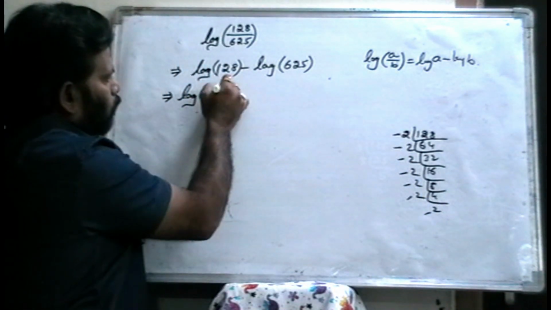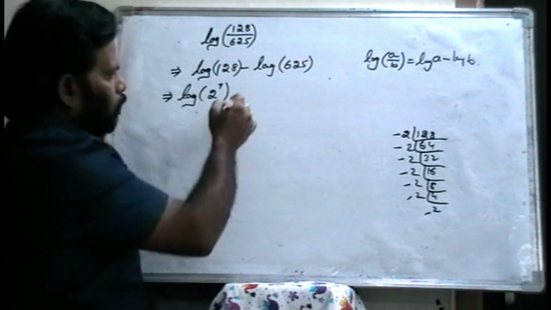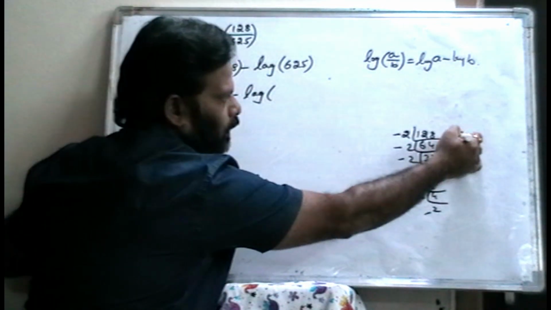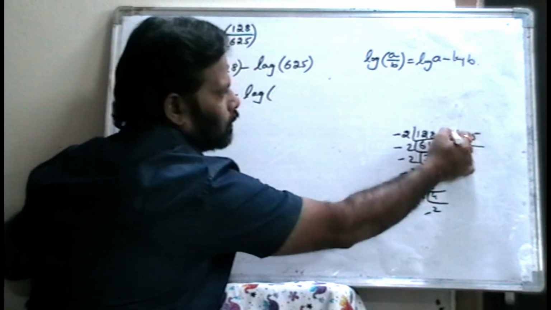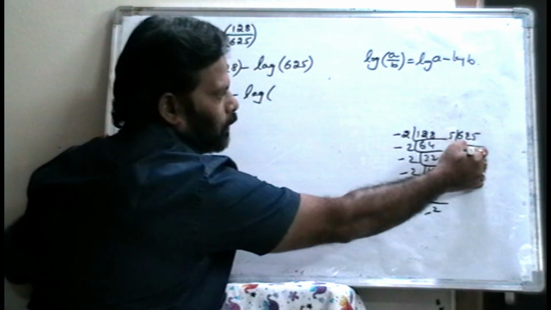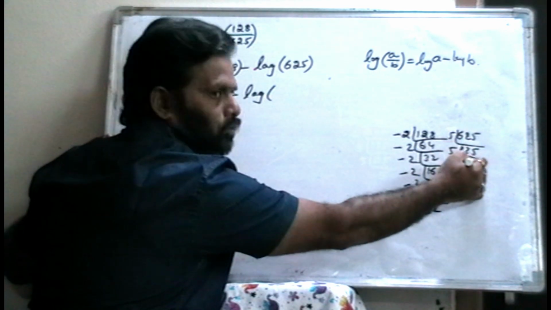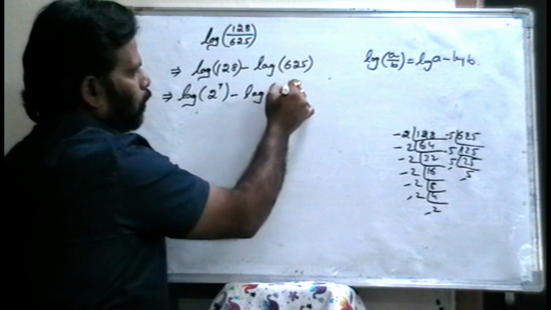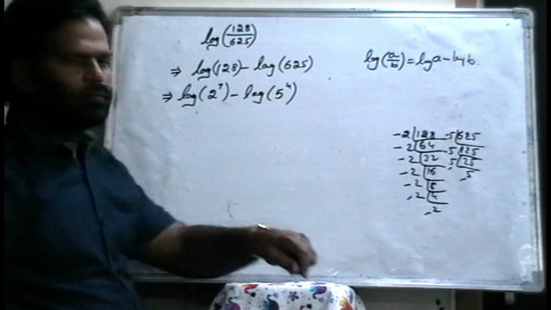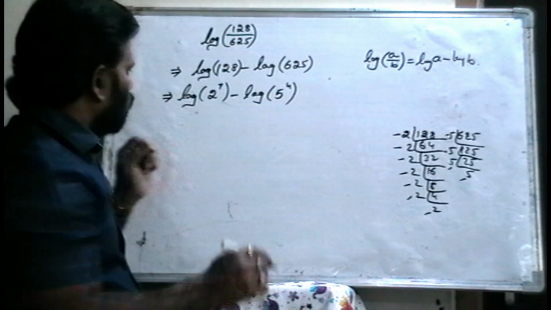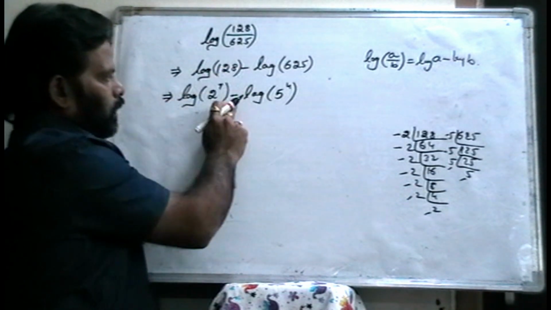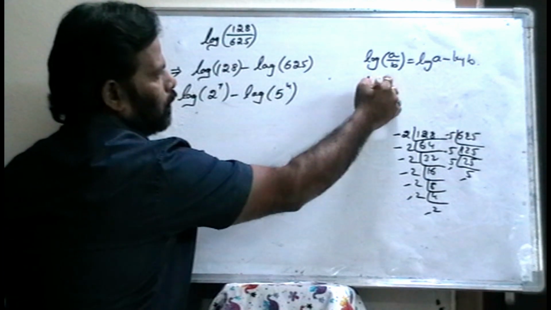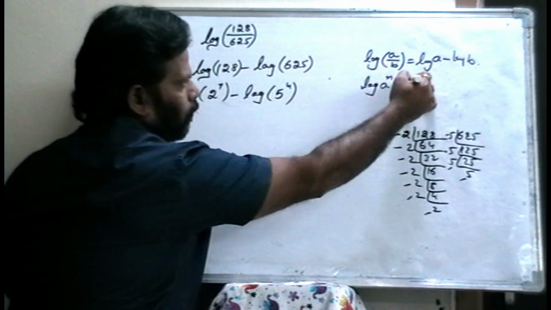So 2 to the power of 7 minus log 625. 625 divided into prime factors: 5 125s, again 5 25s, 5 5s, 1 2 3 4. So 5 to the power of 4. Right? Now log A power n minus log A power n. So they are also in the form of log A to the power of n, that is equal to the formula n log A.